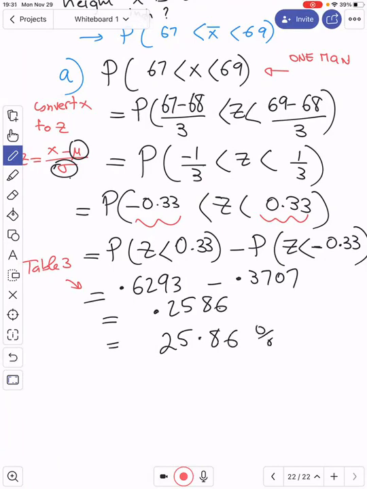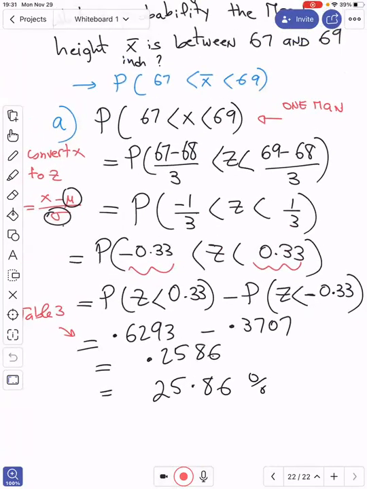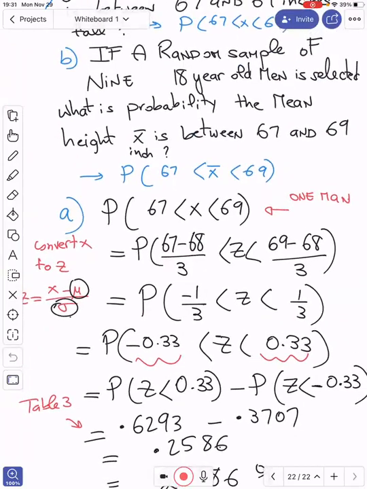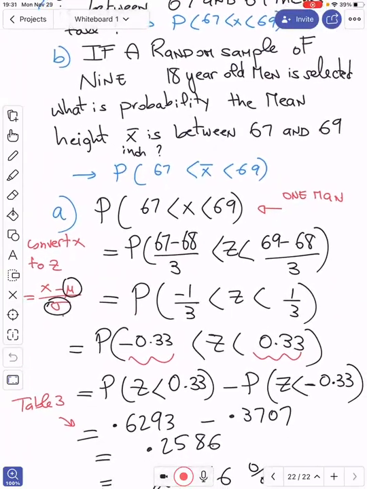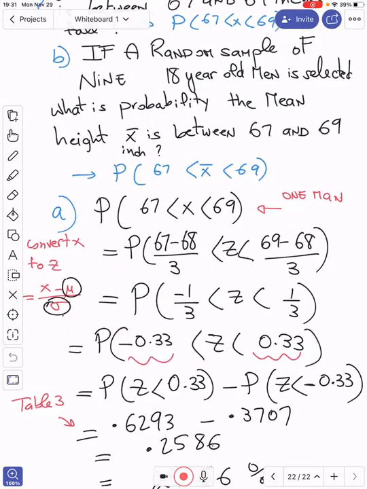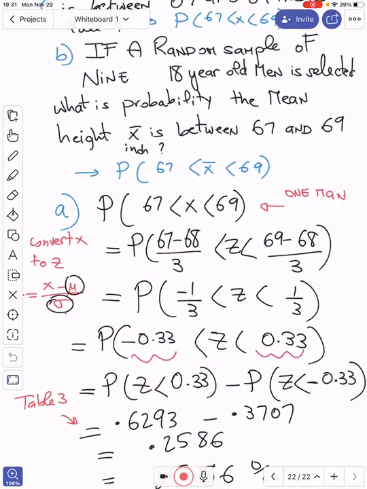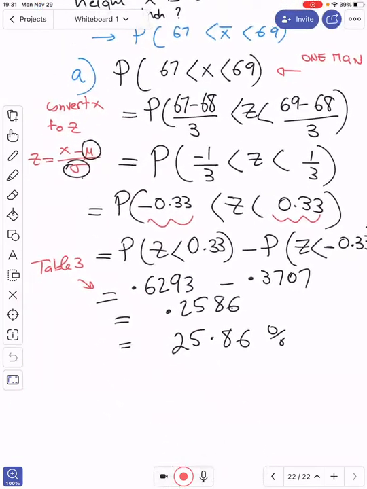So the probability that the height of one 18-year-old man is between 67 and 69 inches is 25.86%.